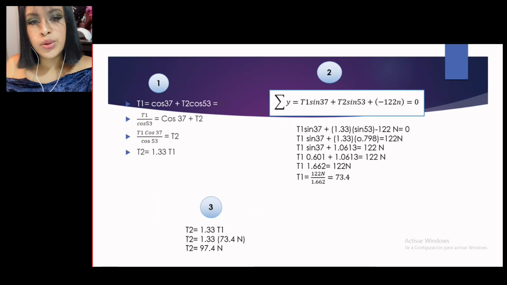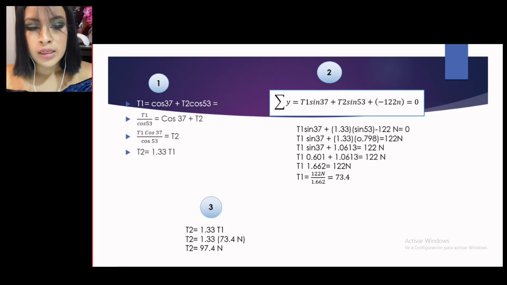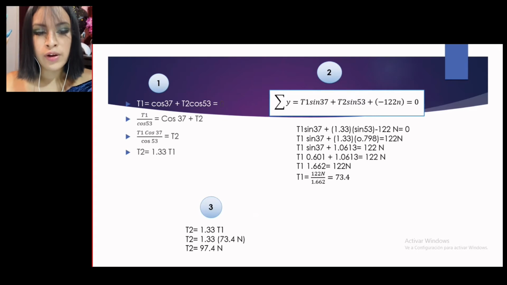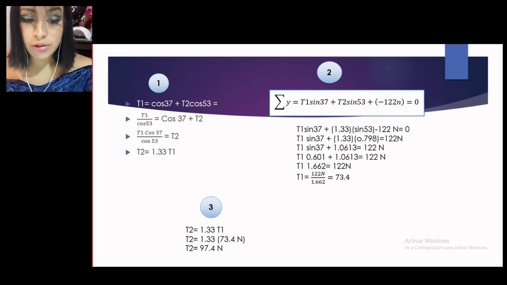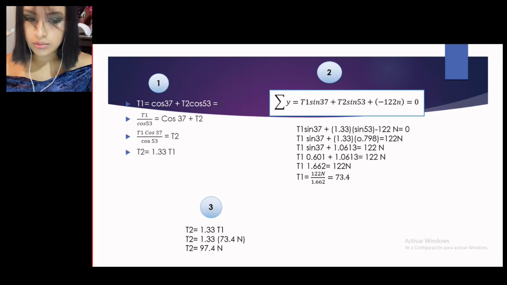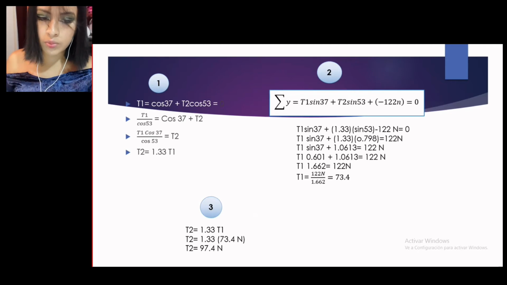Okay, so to solve this problem we have three steps. First we have to find the result for T2, so we have to clear T2 and do the corresponding operations.